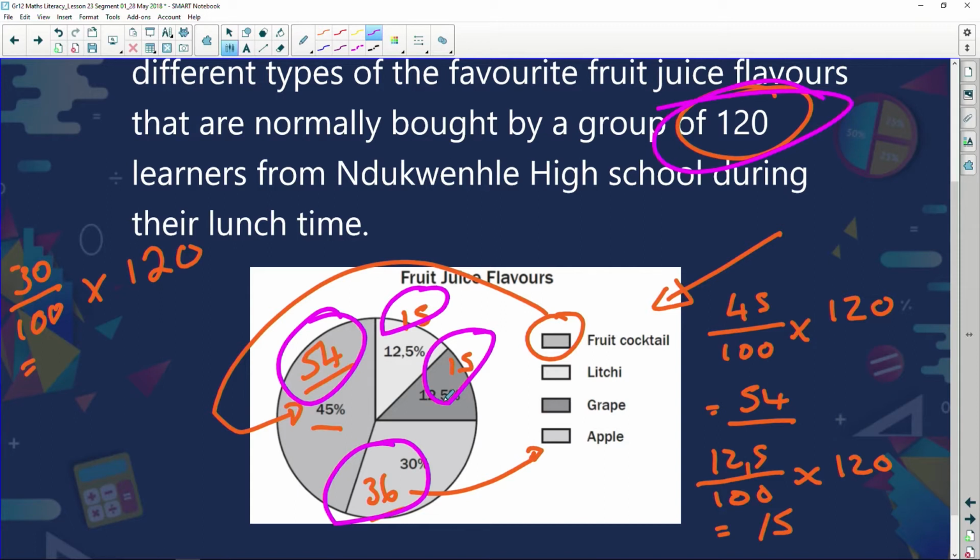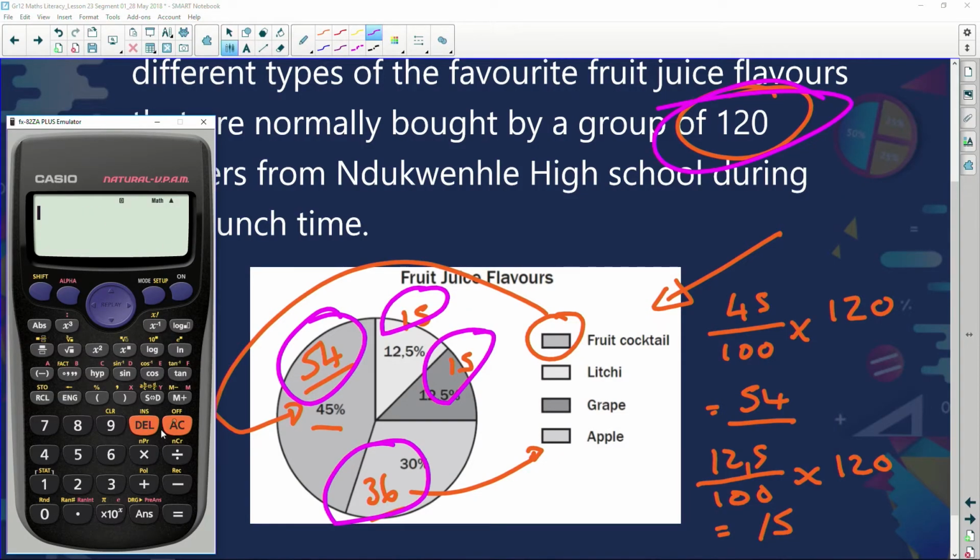This pie chart is complete. It's complete with fruit cocktail, lychee juice, grape juice, and apple juice. So all these sectors have to add to 120 learners. Let's see if that is correct.